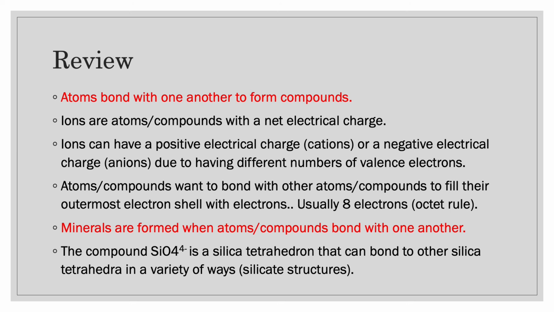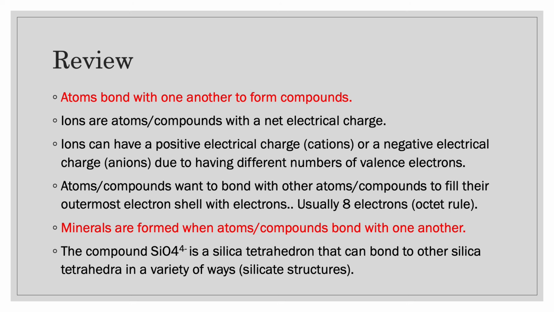And ions are atoms or compounds that have a net electrical charge, meaning that they are not following the octet rule, or their valence electrons are not balanced. And so ions can have a net positive electrical charge, those are known as cations, or a net negative electrical charge, those are known as anions, due to having different numbers of valence electrons.